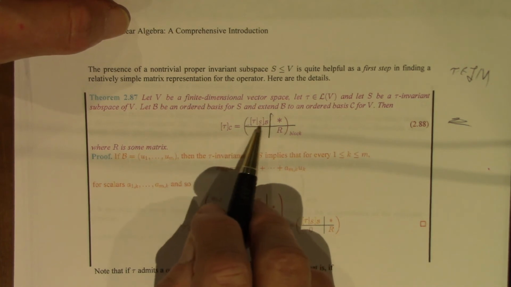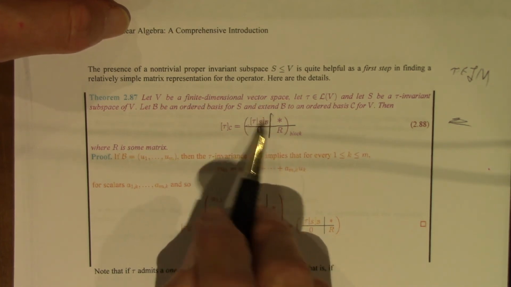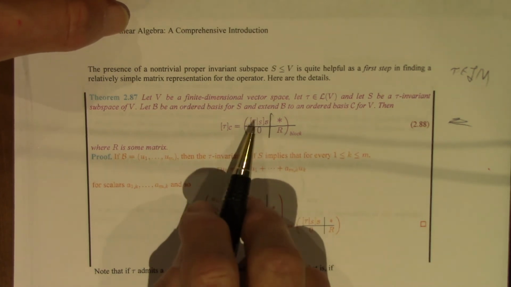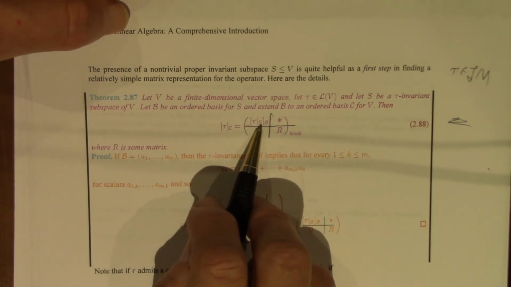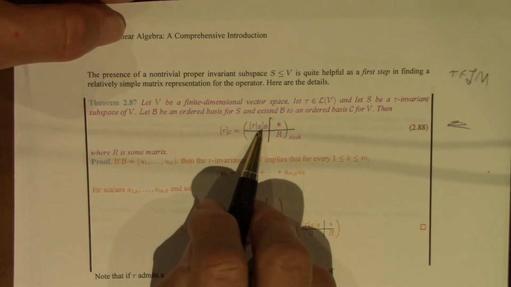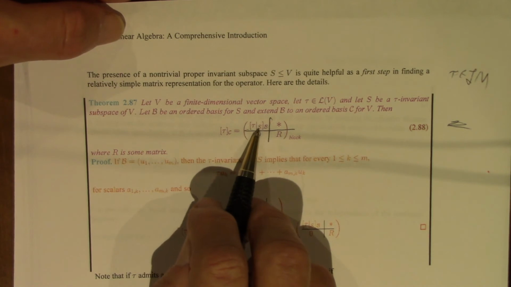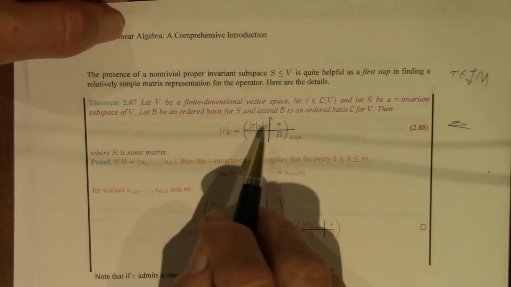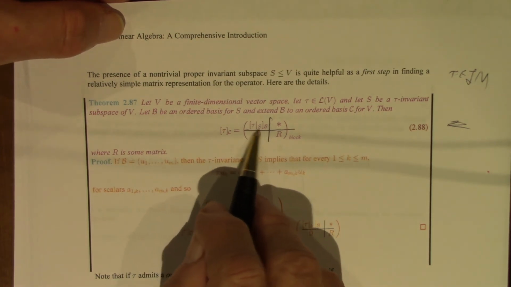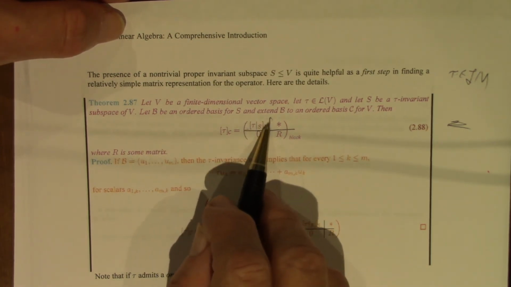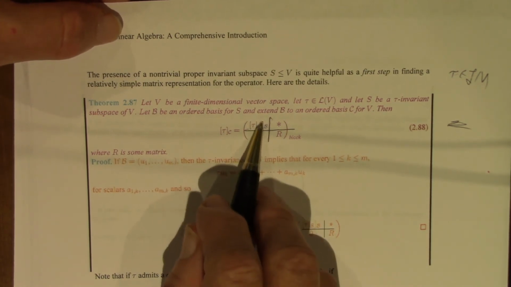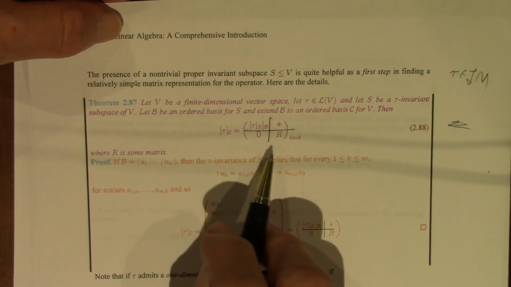In the upper left block, we have the matrix representation of the restricted operator, restricted to the invariant subspace. Here is why we need to restrict both the domain and the codomain. If we didn't restrict the codomain, all these zeros below would have to be included in this matrix representation. So we wouldn't get this four-block form here.